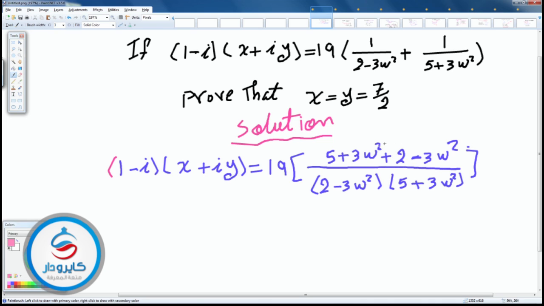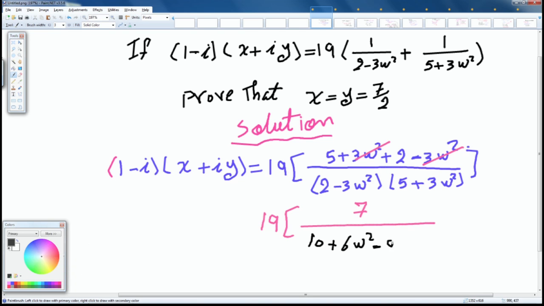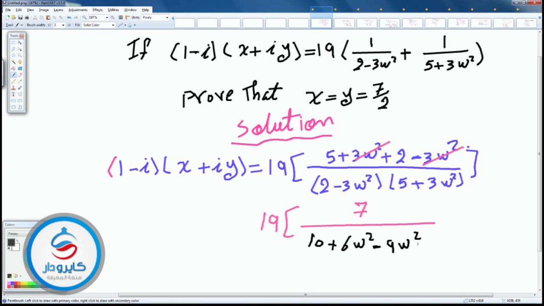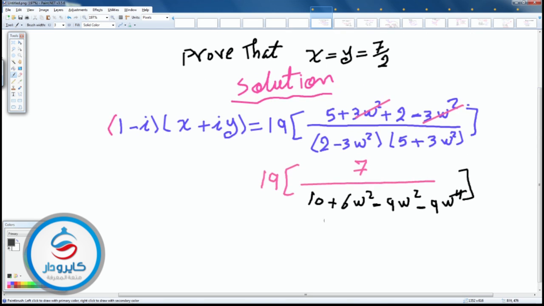By cancelling 3 omega square with 3 omega square, now we have 19, and we have here 5 plus 2 equals 7. So what about the denominator? So we have 2 times 5 is 10, and this is positive 6 omega square, and this is negative 9 omega square, and also it's negative 9 omega power 4 means omega. So it equals 19.